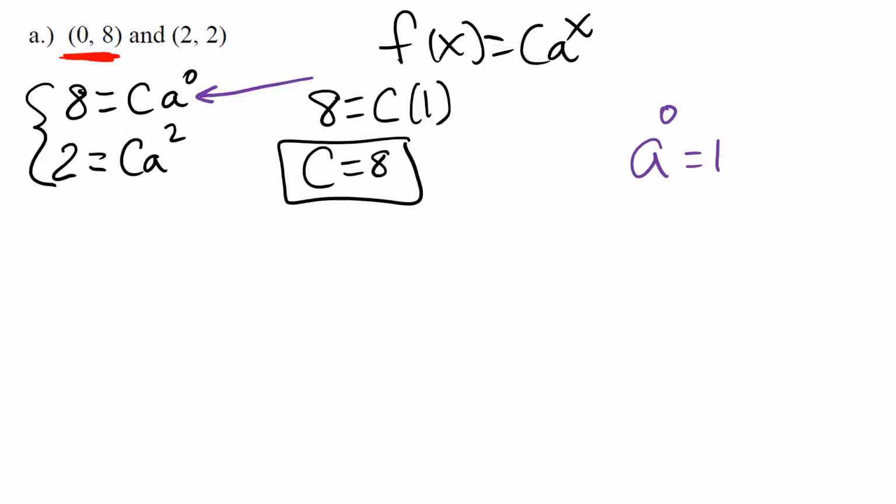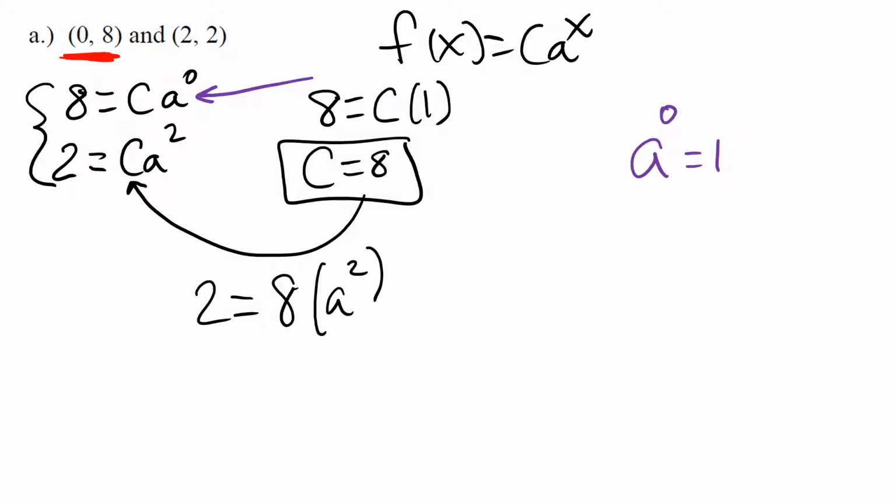Now instead of substituting a into this original equation, now that you know c, you can substitute that into the bottom equation and get that 2 equals the 8 that you discovered c was, because it was the ordered pair, times a squared. So divide both sides by 8, and you get 1/4 equals a squared.